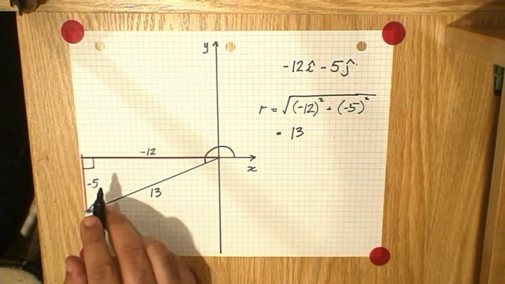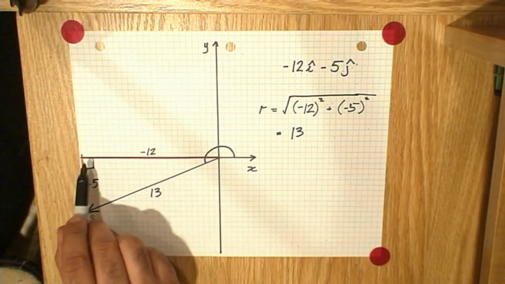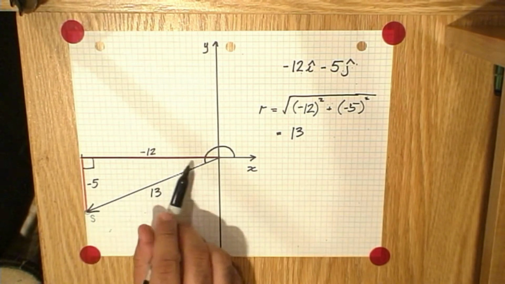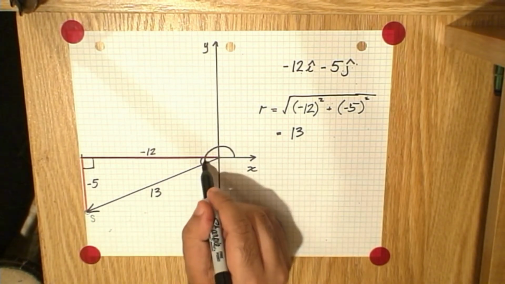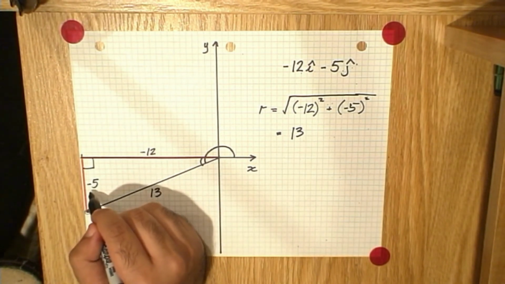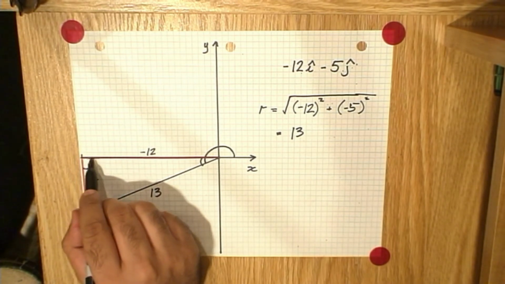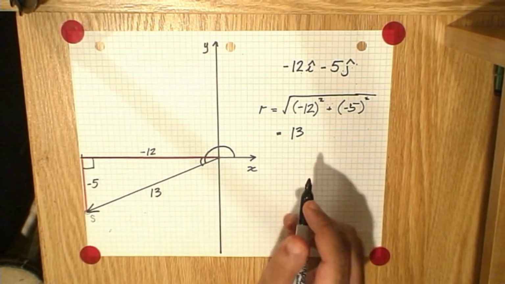So, using the information that we're given, for this small angle over here, which I have marked with 2 arcs, the opposite side is -5, and the adjacent side is -12.